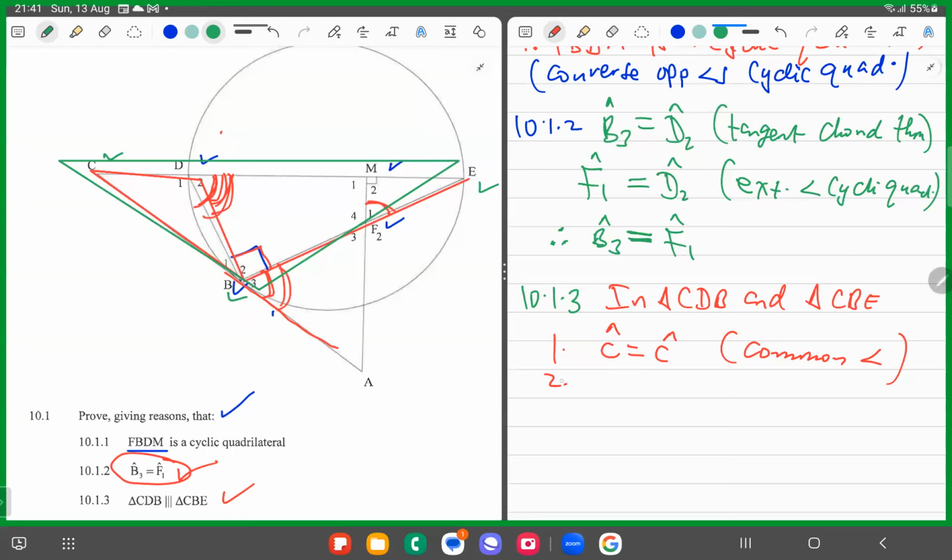Moreover, we need 3 points. This is point 1. CBD is equal to CEB.